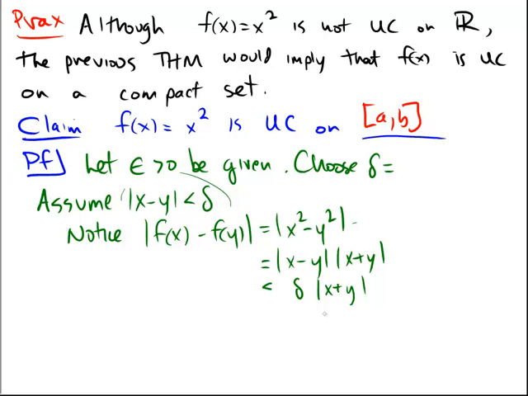Oh, I think I made an error when I did this. I think we would have to let delta be epsilon over 2 times the max of |a| and |b|.